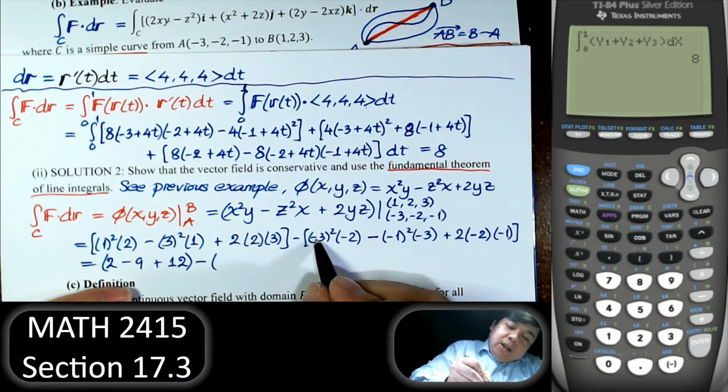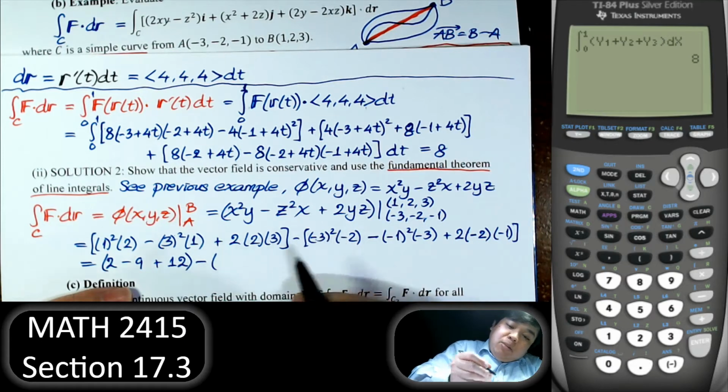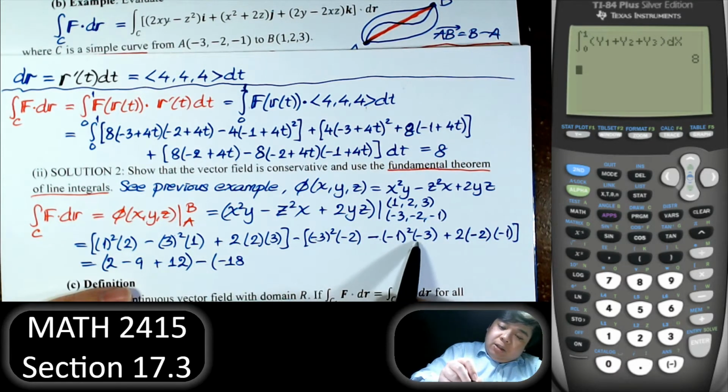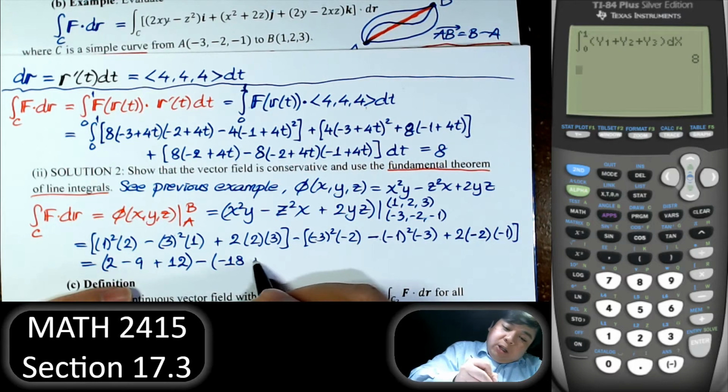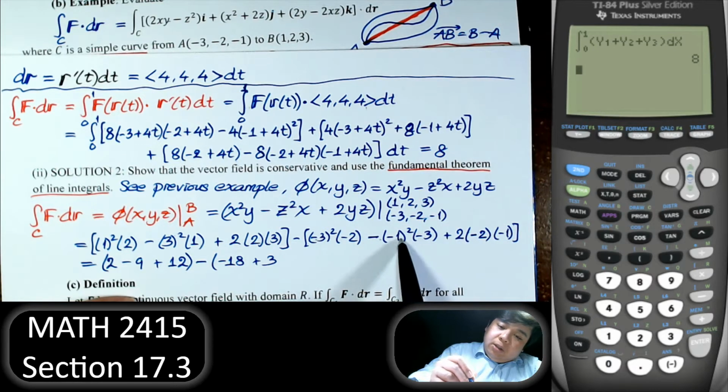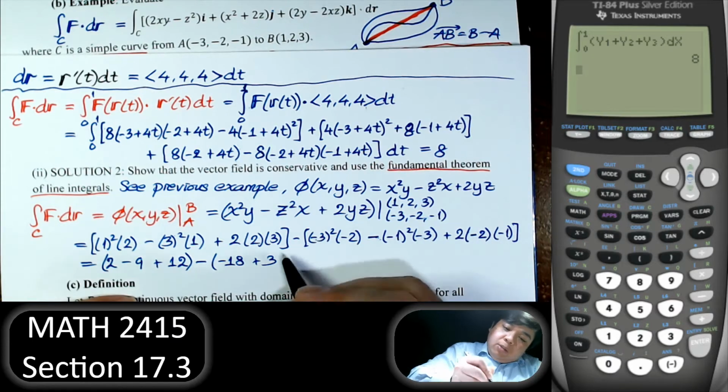Subtract -3, that's 9, so that minus 18 plus 3 plus 2.